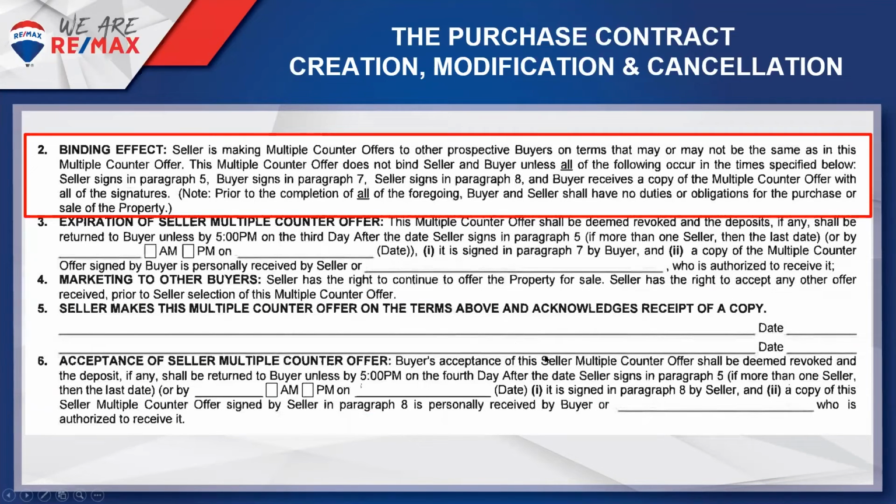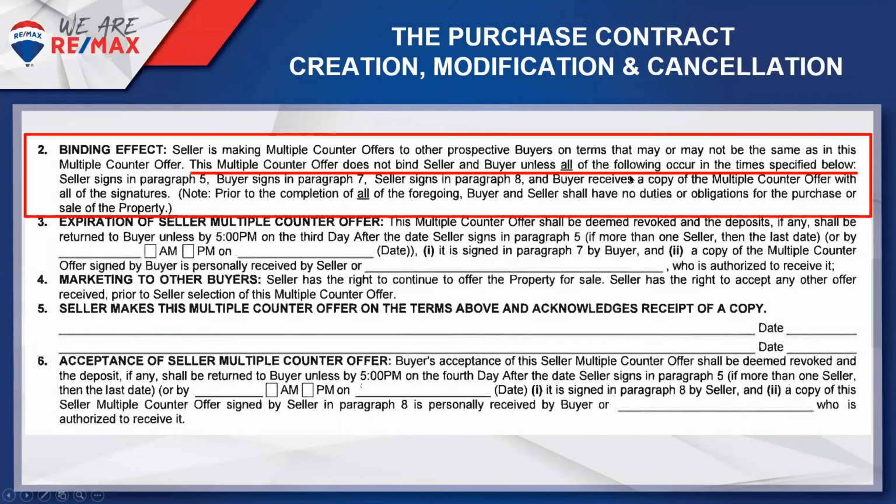Okay. The difference in the multiple counteroffer and the single counteroffer, the seller counteroffer versus the seller multiple counteroffer, is that the multiple counteroffer, when the seller makes it and the buyer accepts it, doesn't bind the seller.